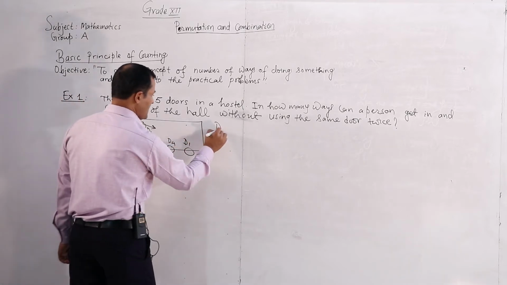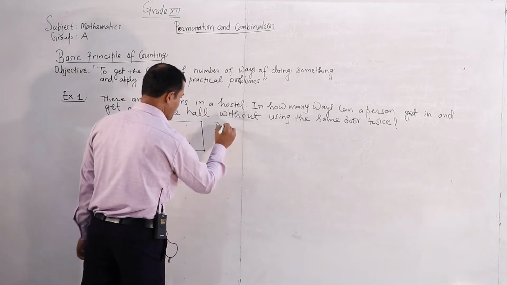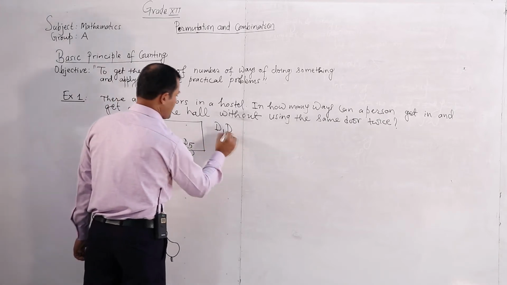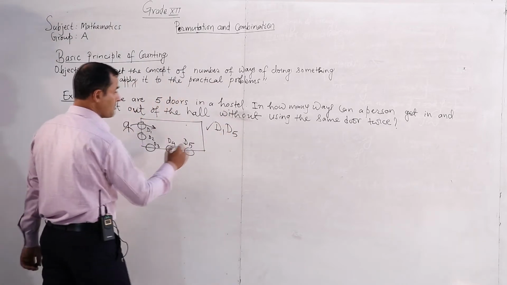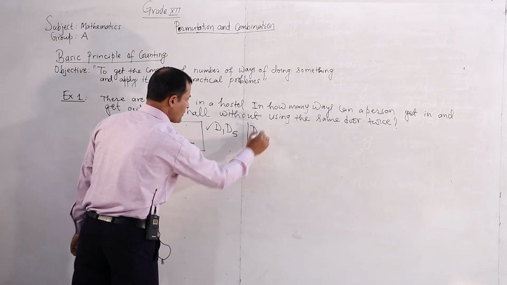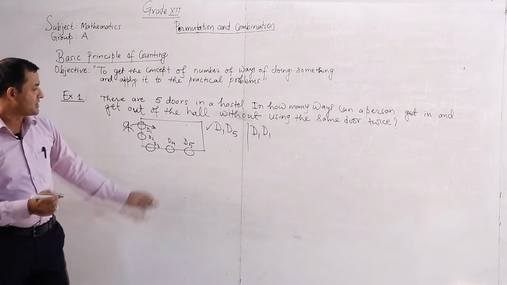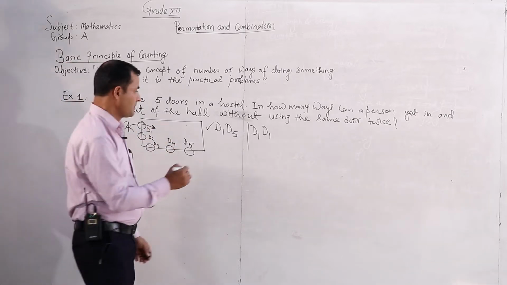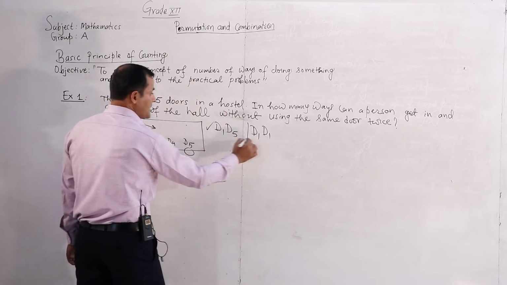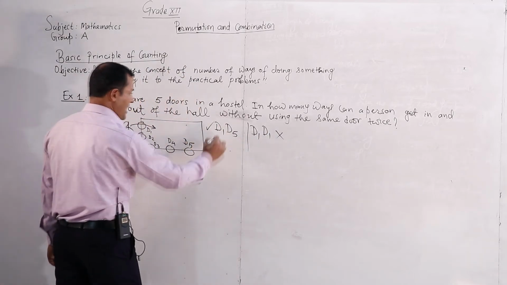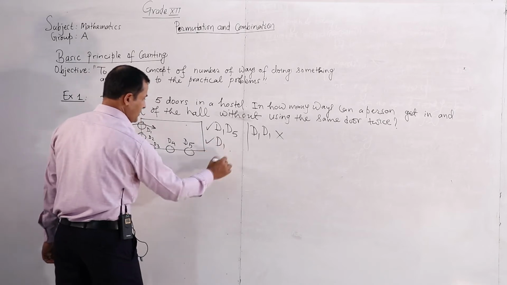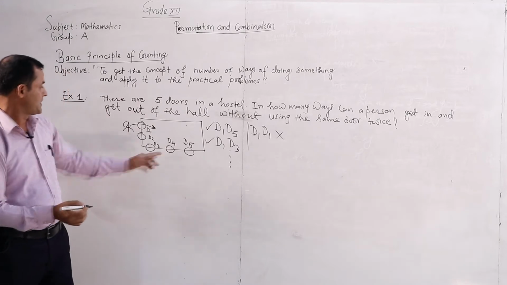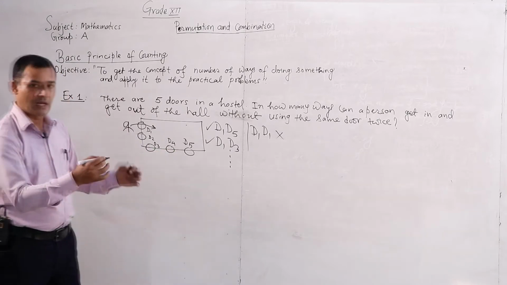So he can enter through the D1 door and may exit through D5. This may be a way. But he cannot use D1, D1. Entering from D1 and exiting from D1 is not allowed. So we are asked to find the ways D1, D3 like this, D2, D3, D5, D2, like that.